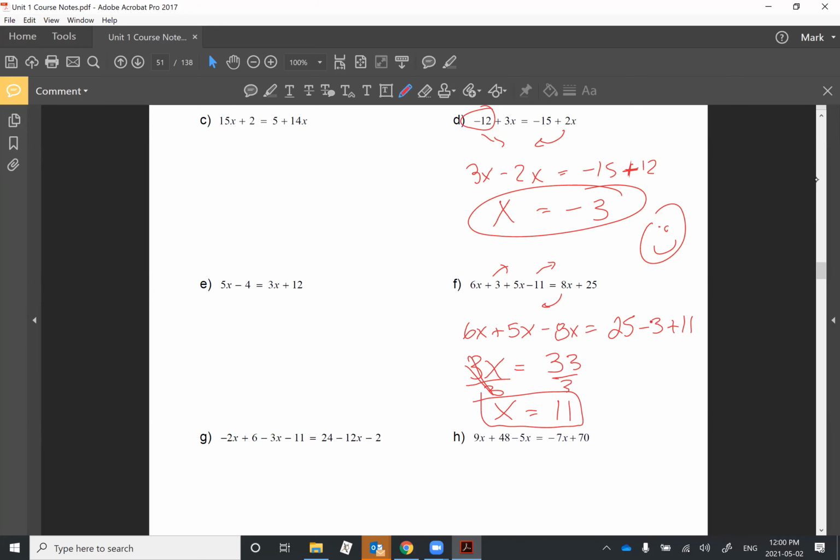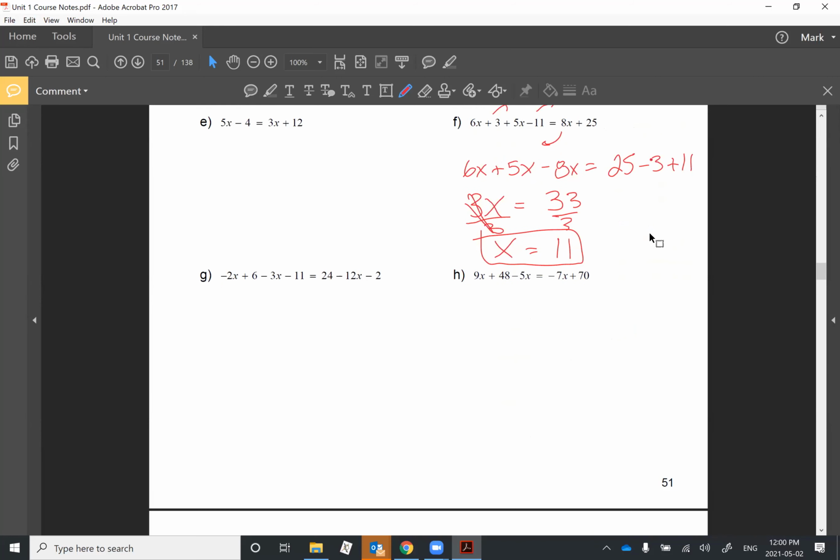And finally, my last one, and then I have one more quick thing to show you. I'm going to move the 7 over, and I'm going to move the 48 over. So 9x minus 5x plus 7x equals 70 minus 48.